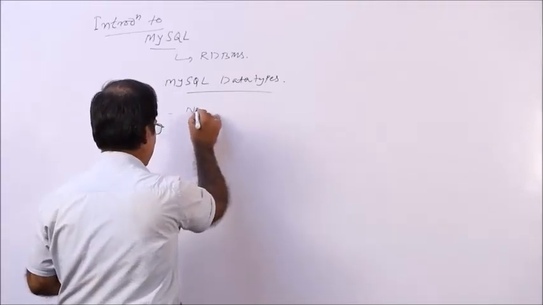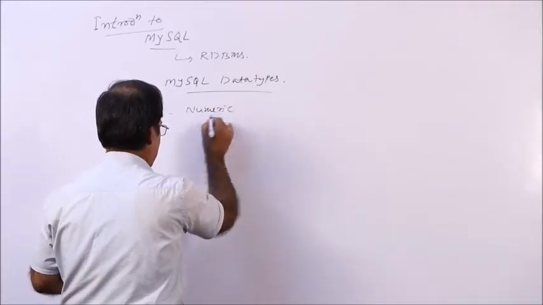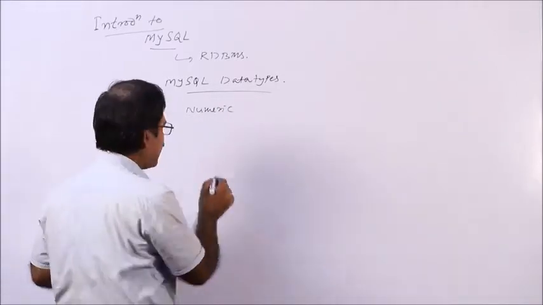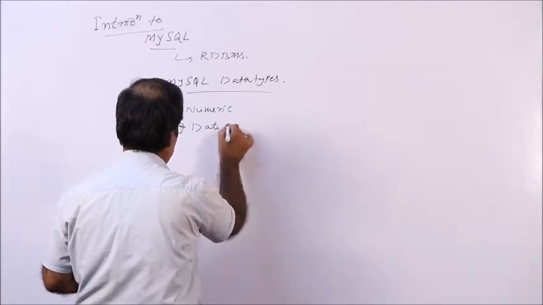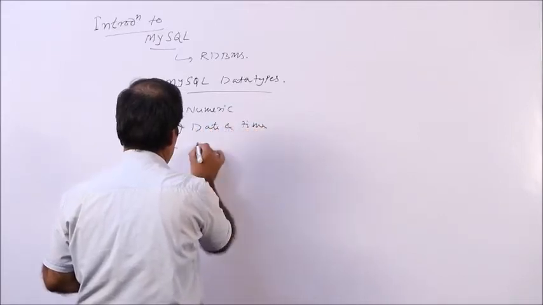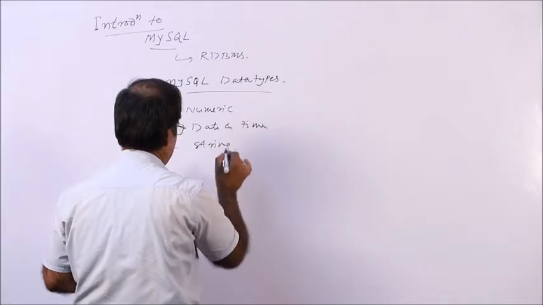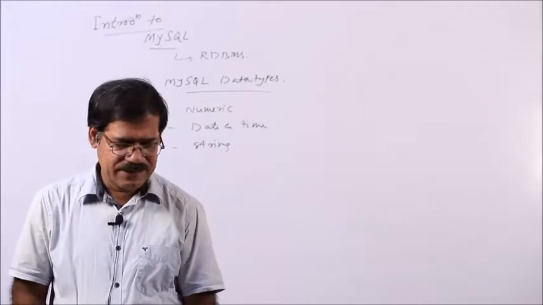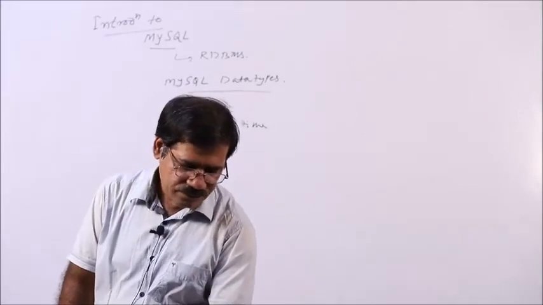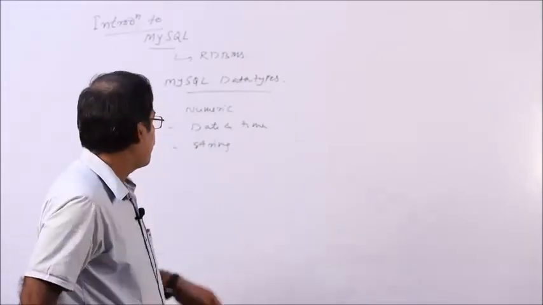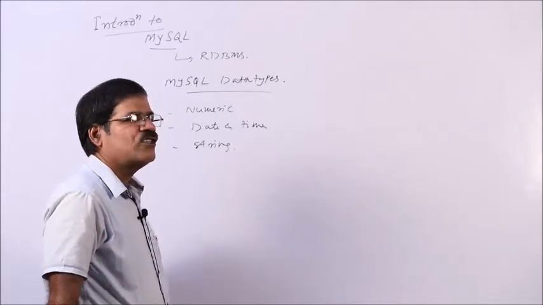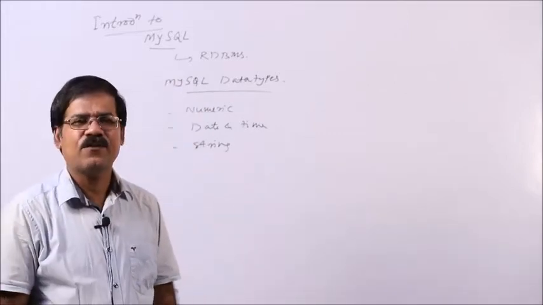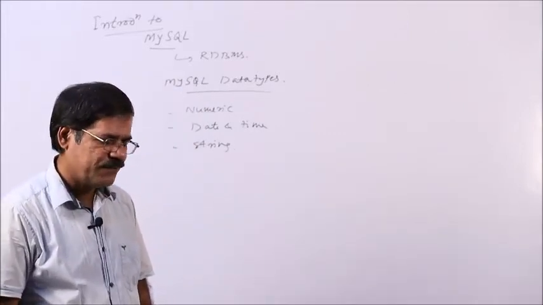So, numeric type, date and time also, and these are string type. So, these are three important data types we are using in MySQL. Numeric means number, integer type you can say, or floating type values we are using.